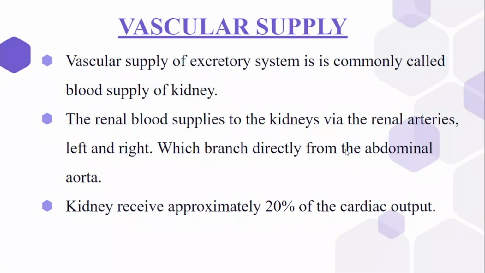Now, the vascular supply of your kidney or excretory system is commonly called the blood supply of the kidney, right? The renal blood supply reaches the kidneys via the renal arteries, left and right, which branch directly from the abdominal aorta, right? Your kidneys receive approximately 20% of the cardiac output. Clear?